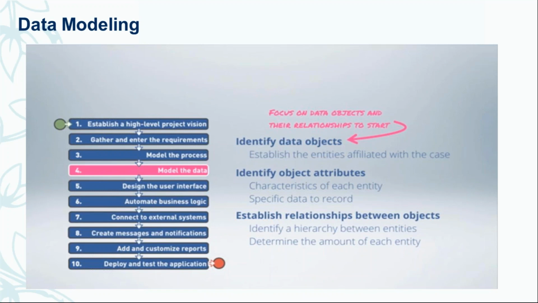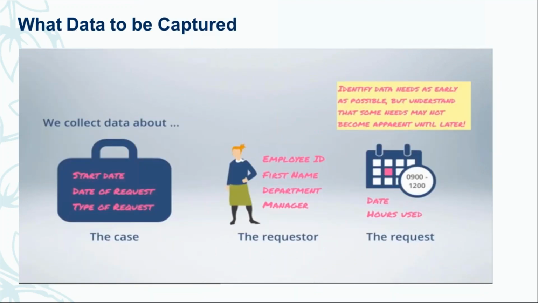And finally the relationship we need to identify, and the type of each attribute, whether it will be text, decimal, number, date, whatever. So that's again what type of data we need to capture in the data modeling.